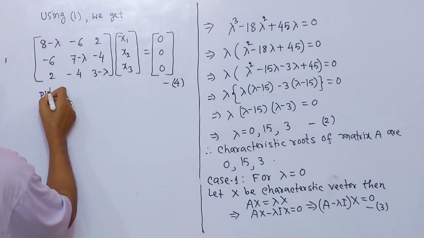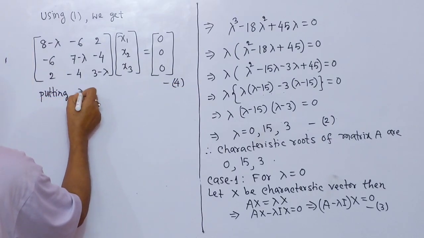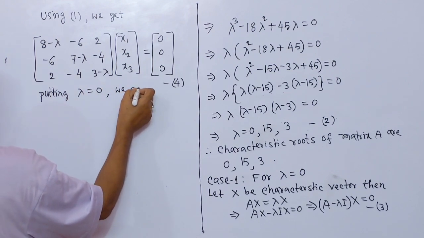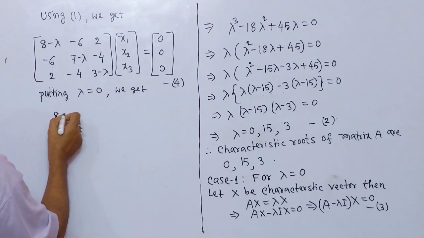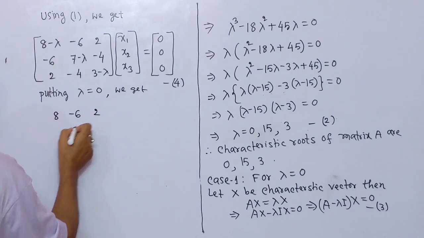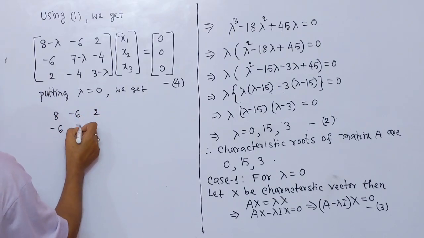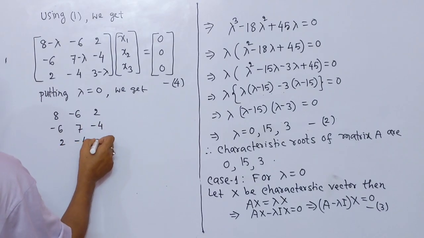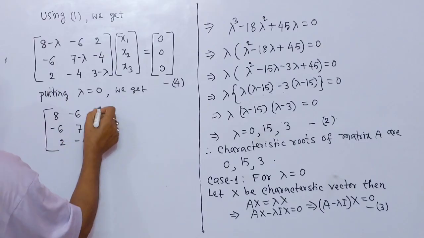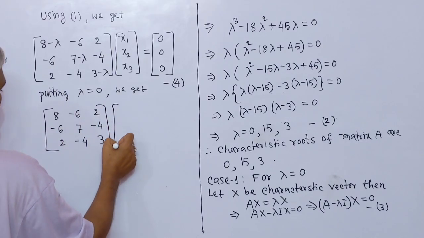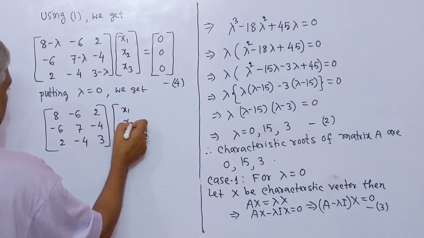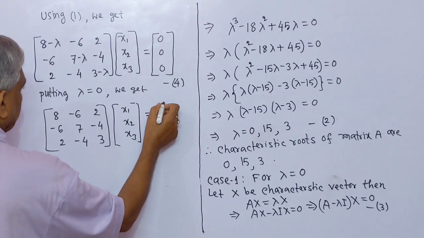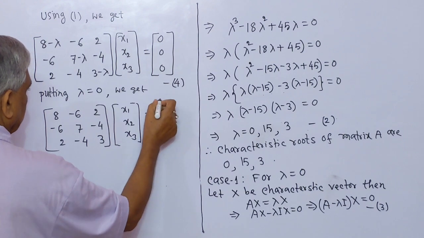Putting lambda equal to 0, we get [8, -6, 2; -6, 7, -4; 2, -4, 3] times [x1, x2, x3] equal to [0, 0, 0].